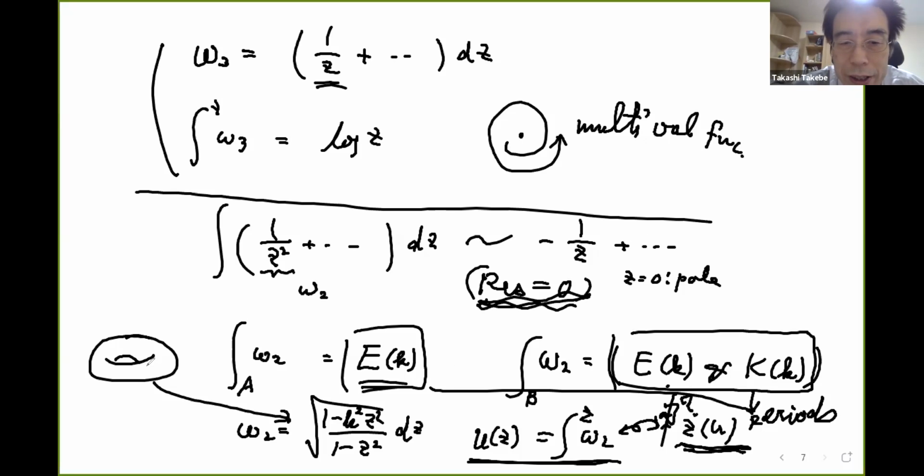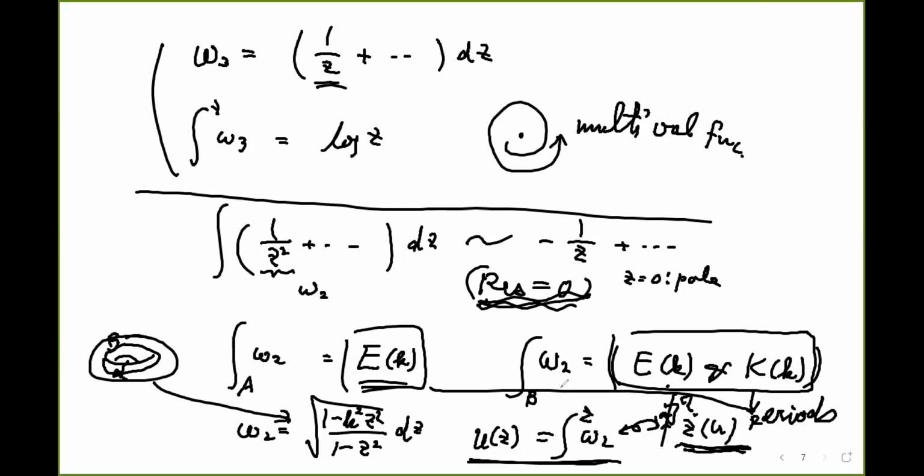So it's not our old home, I mean, this good old elliptic curve, but it has another period. So what should I do? I cannot say.